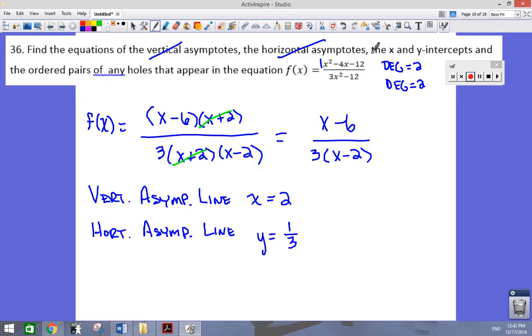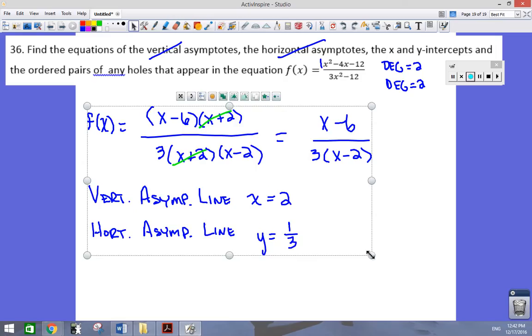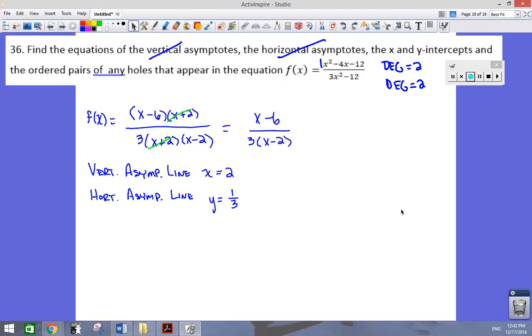Now, for the x and y intercepts, we let the opposite variable be 0. So to find the x-intercepts, we let y equal 0. So if we let y equal 0, then this function notation is the y. We have to be a little bit careful. If a fraction reduces to 0, it's definitely because of the numerator, not because of the denominator.